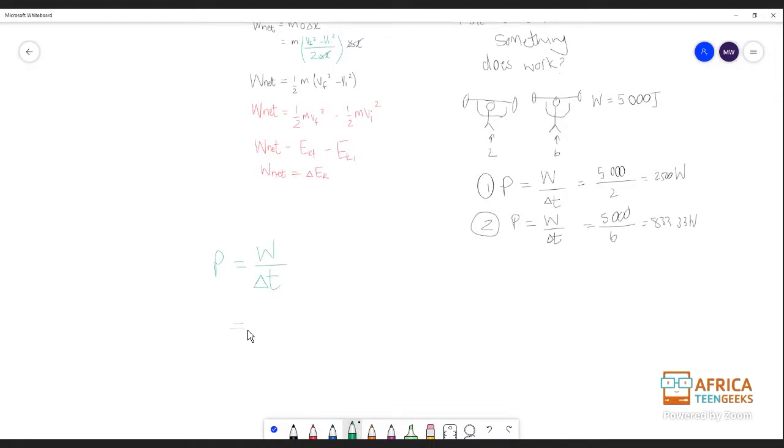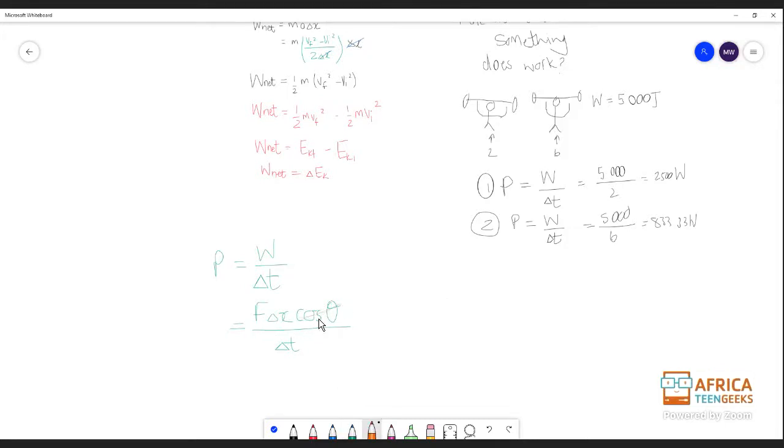And we can also say, let's say power is equal to work over change in time, and we want to substitute the formula for work in there. So F times delta X cosine of theta, divided by the change in time. And let's say that these are all horizontal forces, okay? So we don't have to worry about the angle.